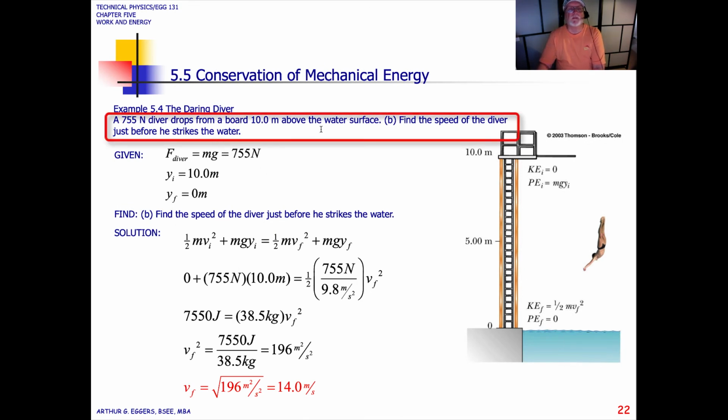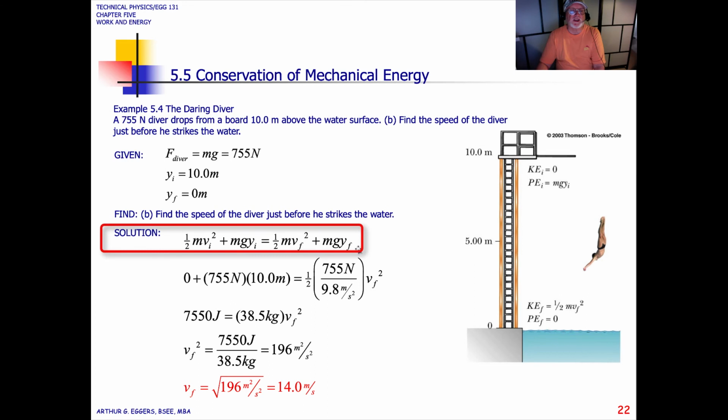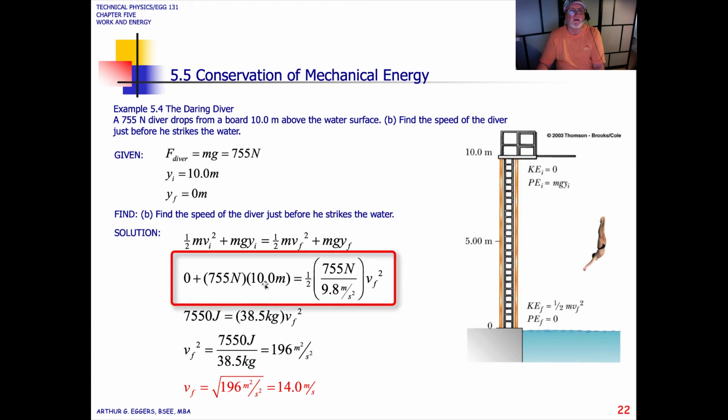So the next part of the problem says, find the speed of the diver just before he hits the water. So now we're going to move him all the way down here, just before he hits the water. We set up the relationship the exact same way and put in the values that we know. This time we're going to solve for him traveling, in essence, the entire distance.